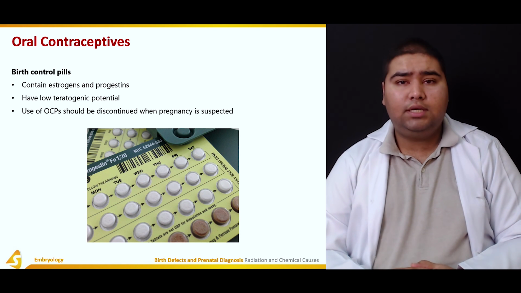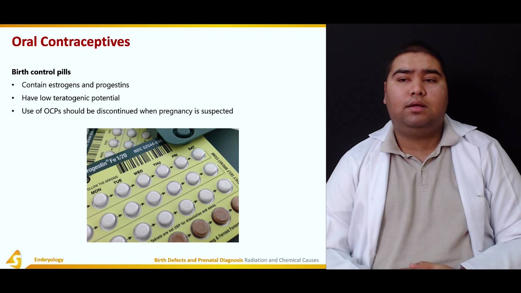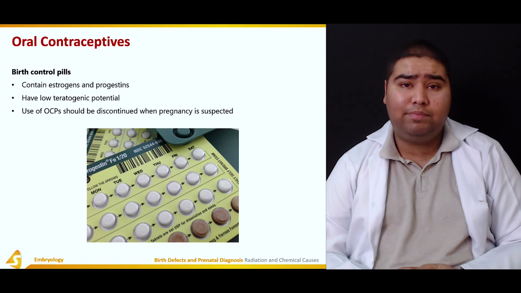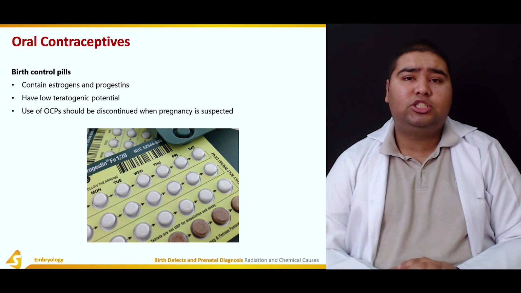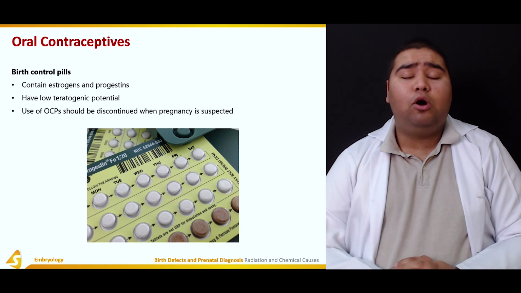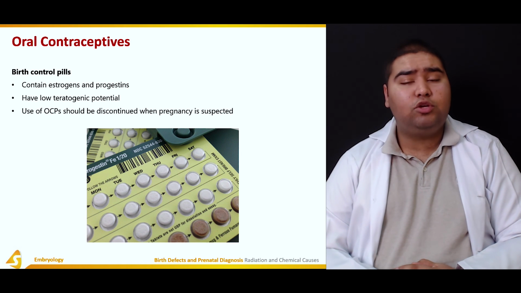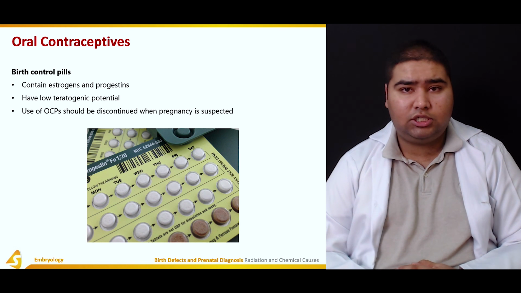Do tell your doctor that you have certain conditions, let's say epilepsy, let's say any other psychiatric condition, let's say hypertension, let's say diabetes, and adjust your medication according to pregnancy. Always remember, pregnancy is a physiological condition. You can easily control it. Do not make it a pathological condition.